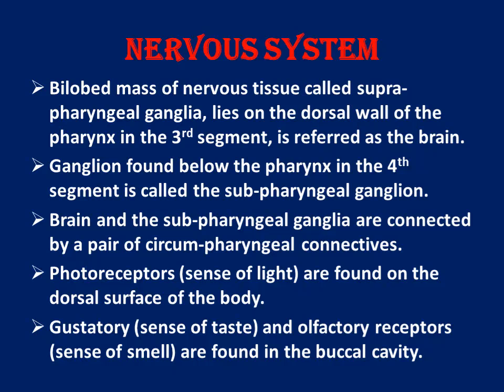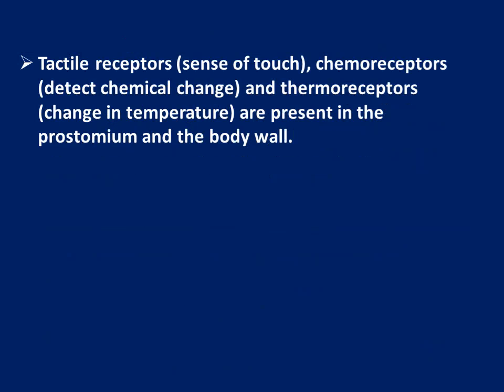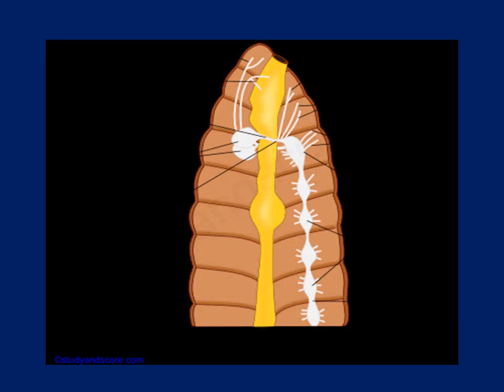Other than this, it has photoreceptors, sense of light, on the dorsal side of the body, gustatory, sense of taste, and olfactory, sense of smell, in the buccal cavity. Tactile receptor, sense of touch, chemoreceptor, detecting the chemical change, thermoreceptor, change in the temperature, இது எல்லாமே prostomium அதோடைய body வால்ல இருக்கு. Prostomium தெரியும் நமக்கு, mouth அதுல இருக்கு. So this is the nervous system of earthworm.